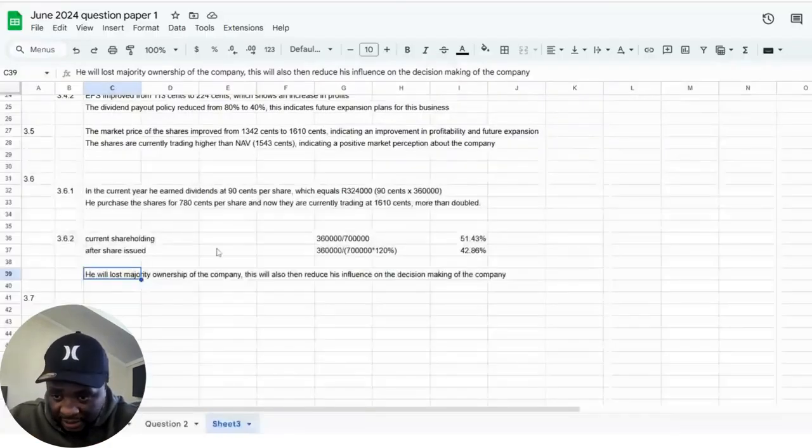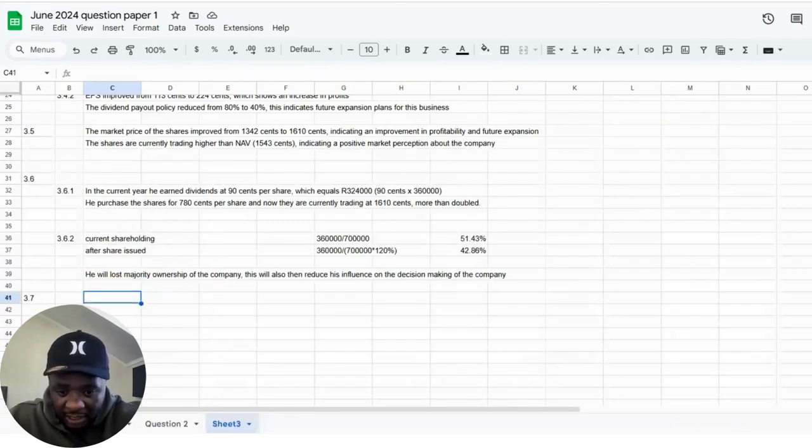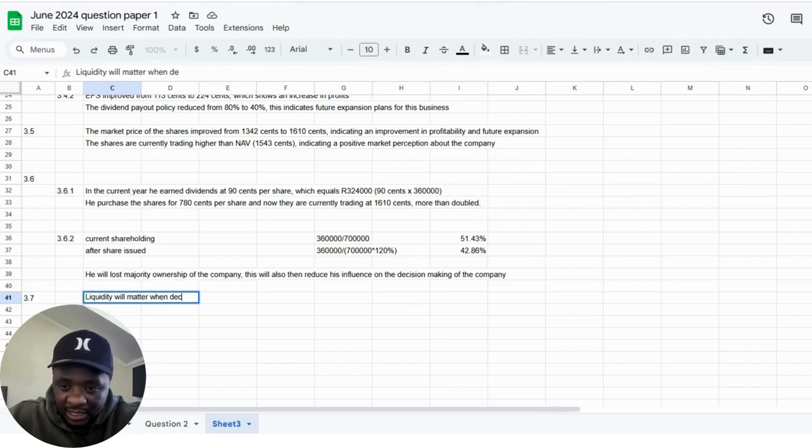So we're going to say that liquidity will matter when deciding bonuses.